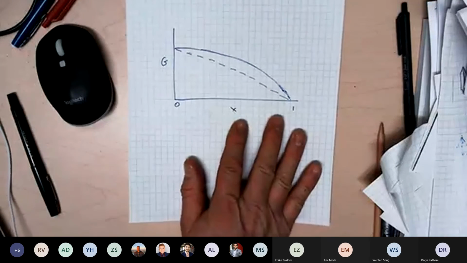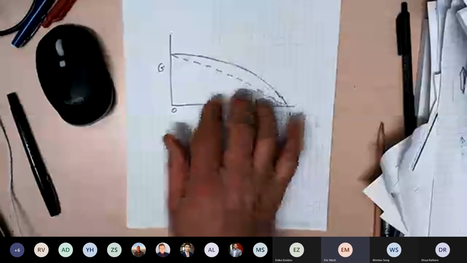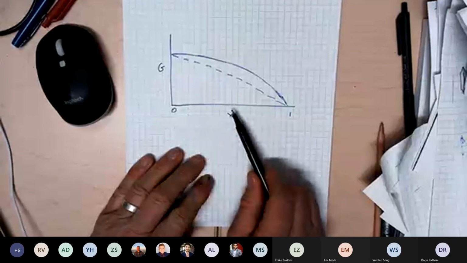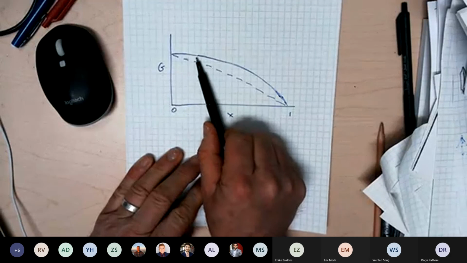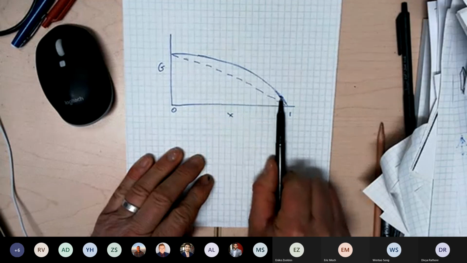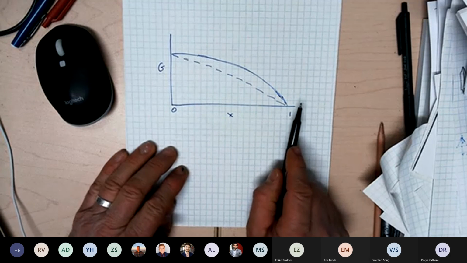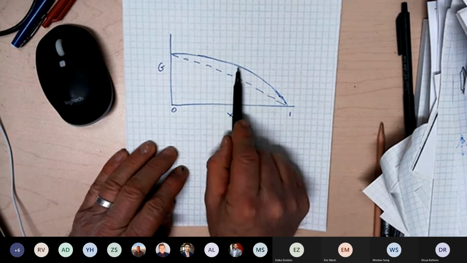Okay, I think you can see the document camera again, right? Yep. Okay, so if you plot the free energy versus X, the derivative of the free energy with respect to X is the chemical potential. And minus the chemical potential is the voltage.